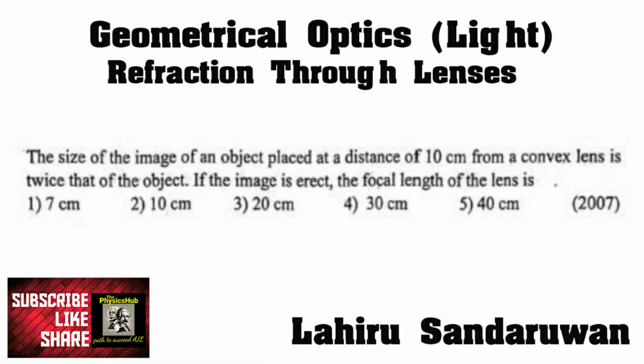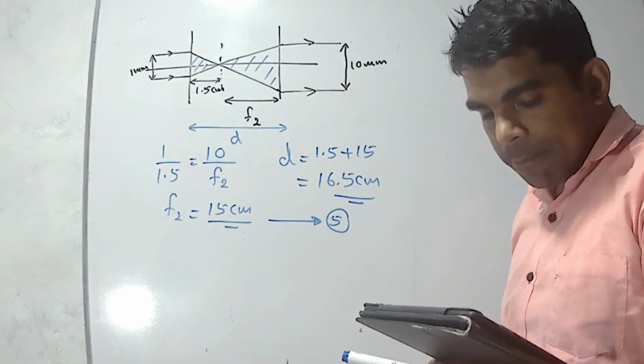The size of the image of an object placed at a distance of 10 centimeters from a convex lens is twice that of the object. If the image is erect, the focal length of the lens is? There is a convex lens.